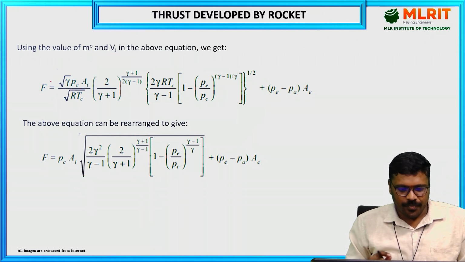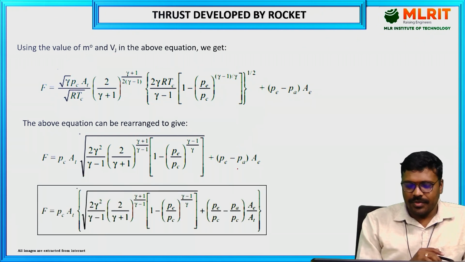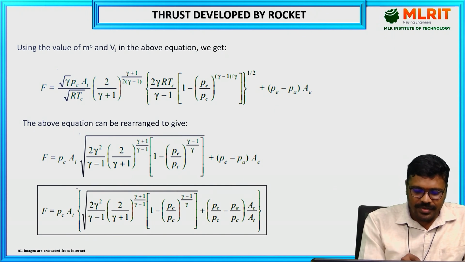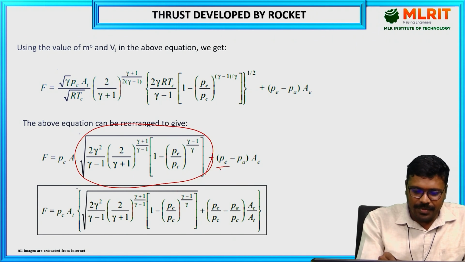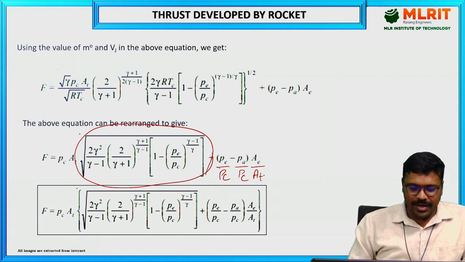And if I take Pc common here, then what we get is F is equal to Pc into At, under root of this total term, plus Pe by Pc minus Pa by Pc into Ae divided by At.